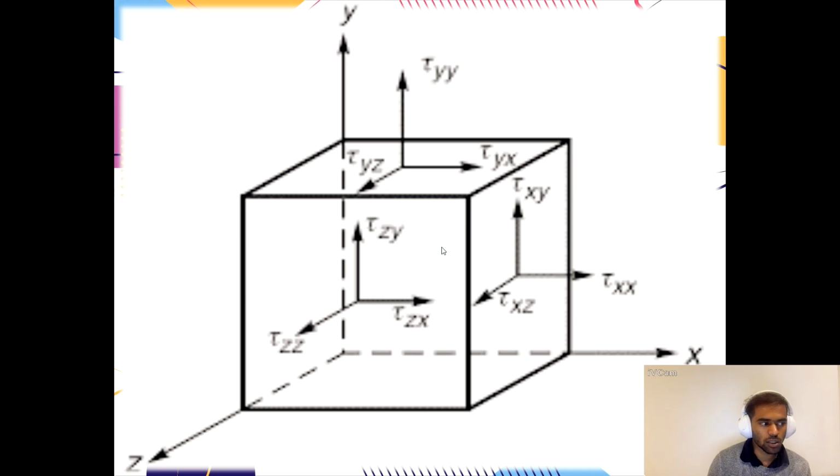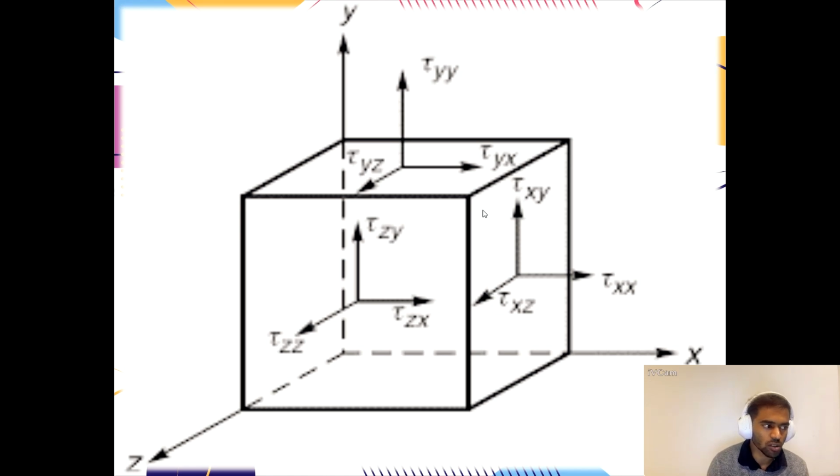Just for a basic definition, normal stress acts perpendicular to a specific face of the cube and can be compressive or tensile. Shear stress acts parallel to the face of the cube and can act in any direction on each face.